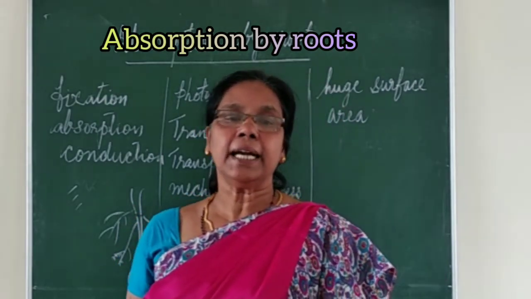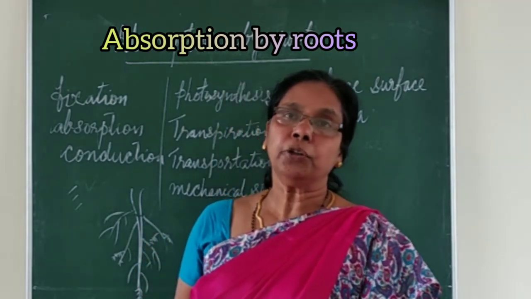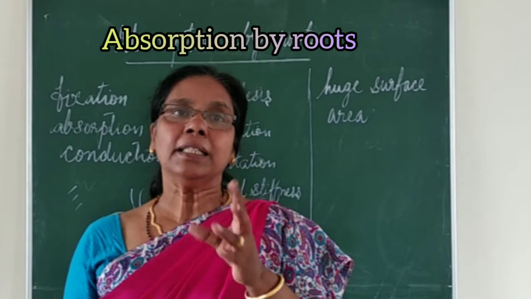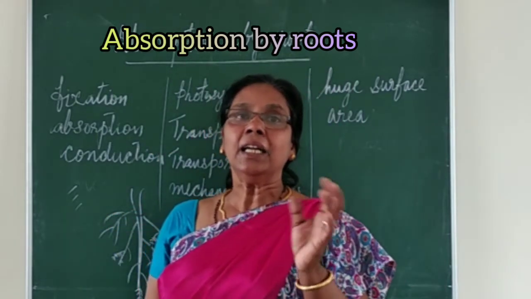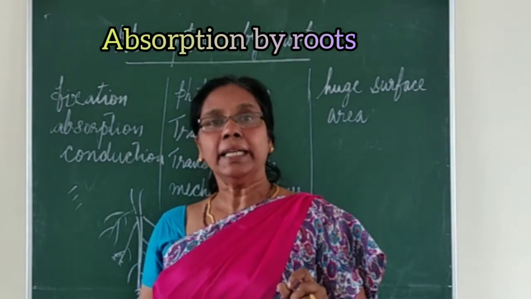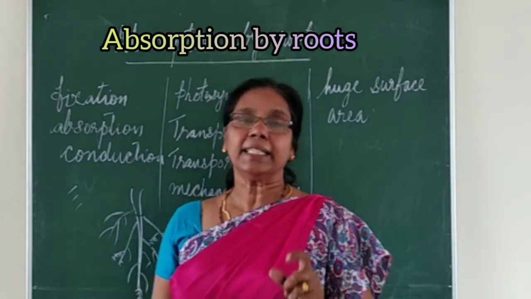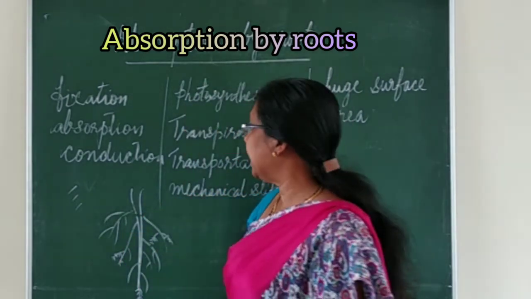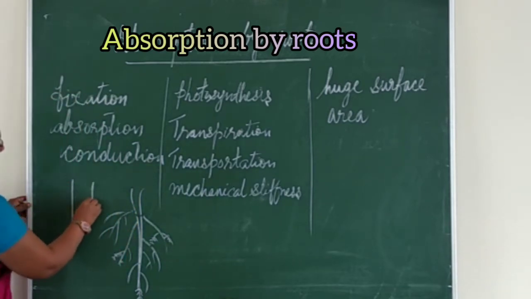And the third one is that root hairs have thin walls. So you can see that in the plant cell, the cell wall is made up of what? Yes, cellulose. The cell wall is a characteristic feature of the plant cell, whereas in the animal cell the cell wall is absent.